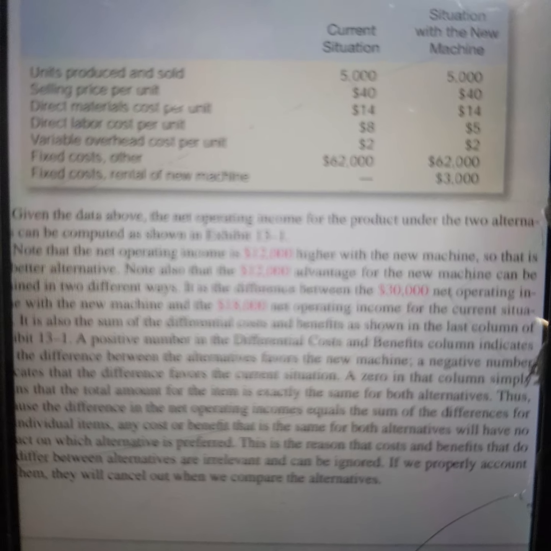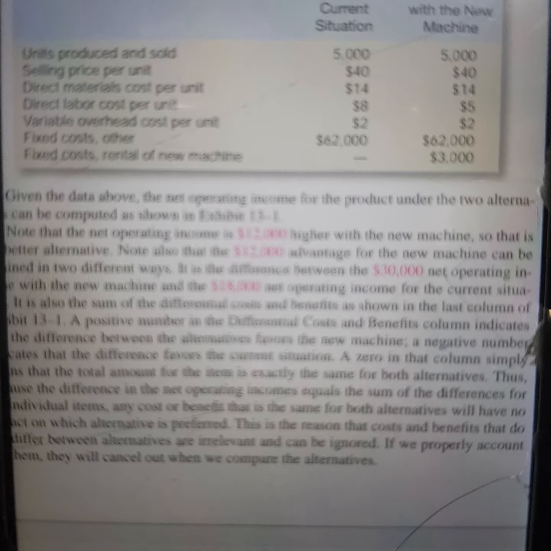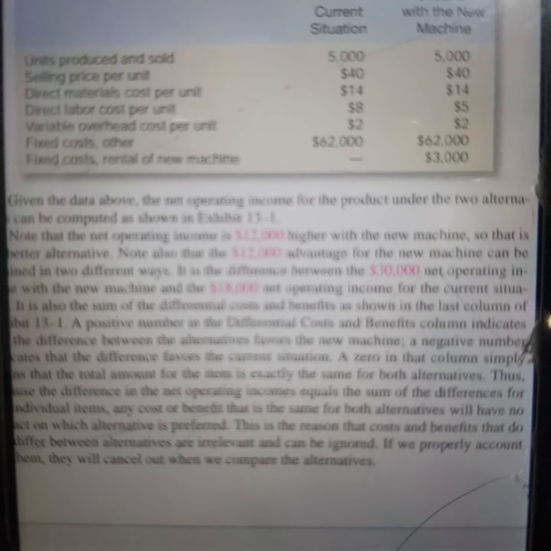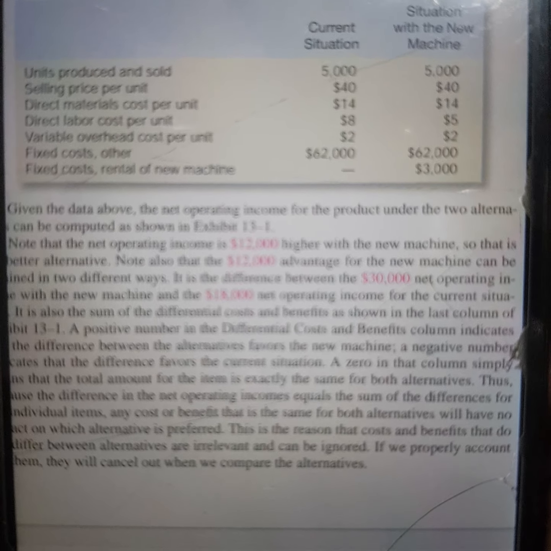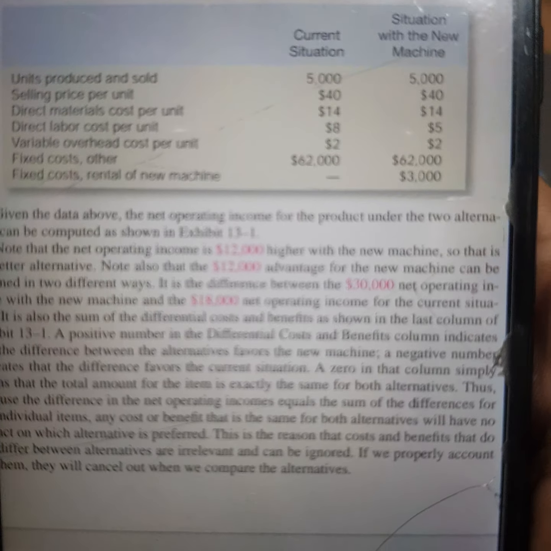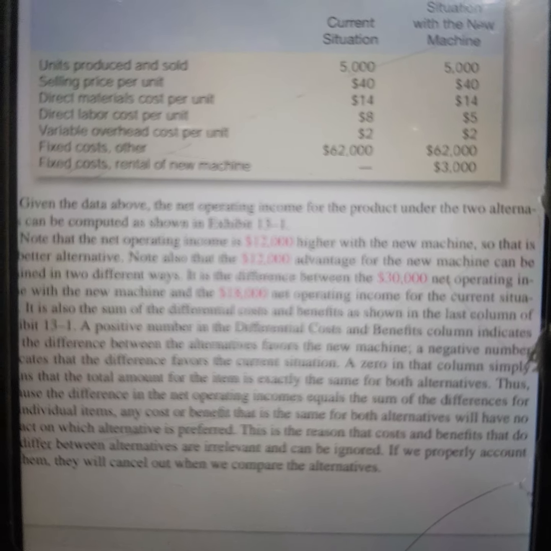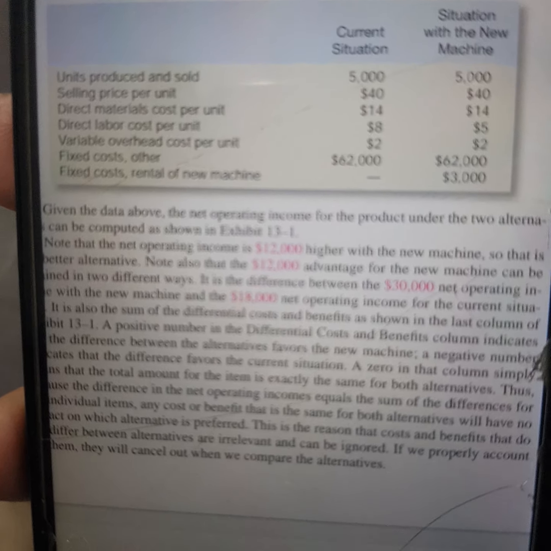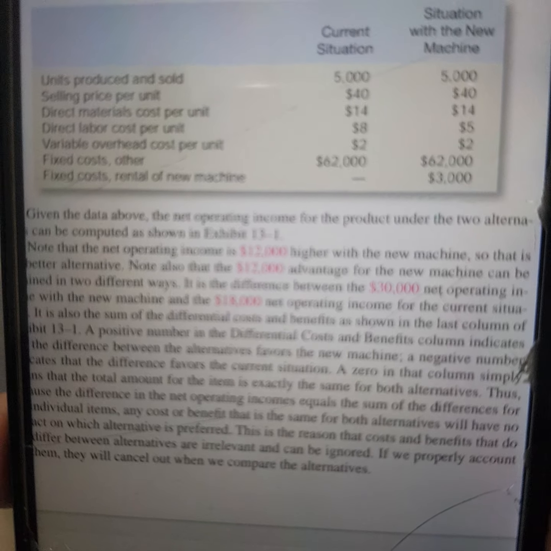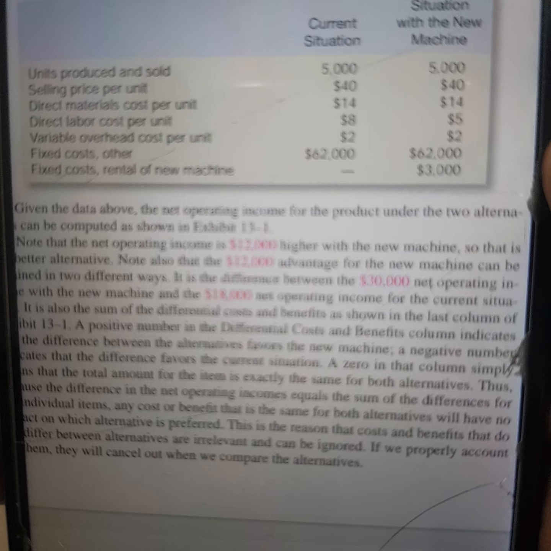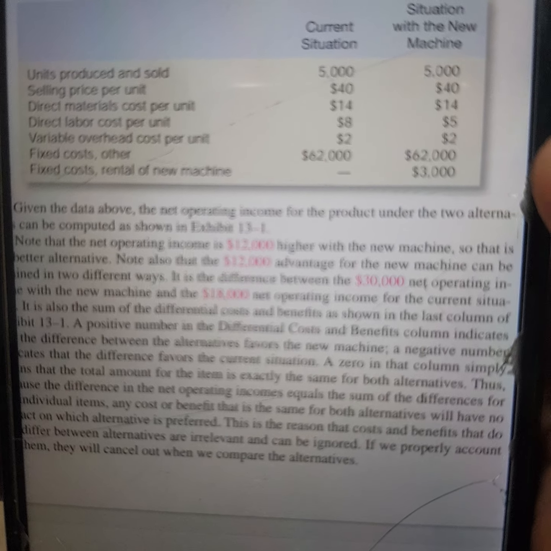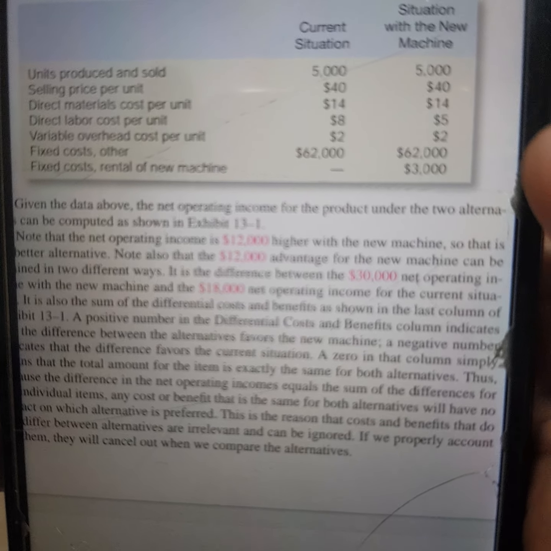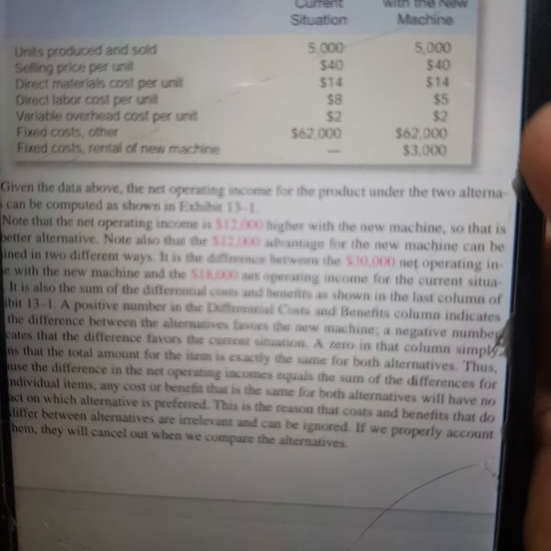The direct material cost per unit is 14, and in the same way for new machine is 14. Direct labor cost is 8 rupees in the current situation, and in case of new machine the direct labor cost is 5 rupees because the machine is new and the labor work is a little bit less. Variable overhead per unit will be 2 rupees in both situations.